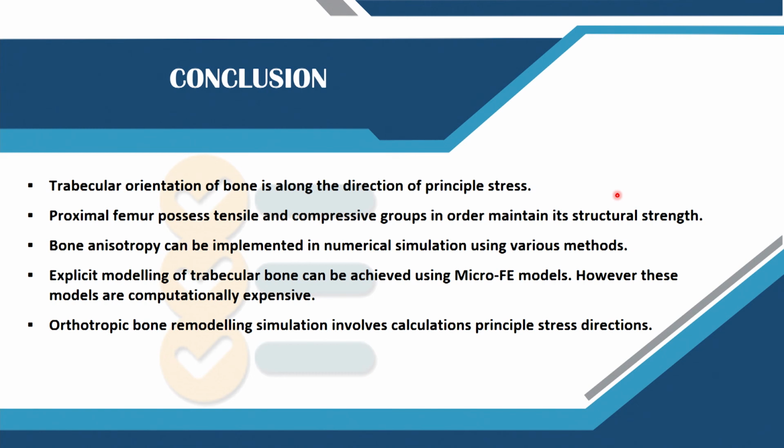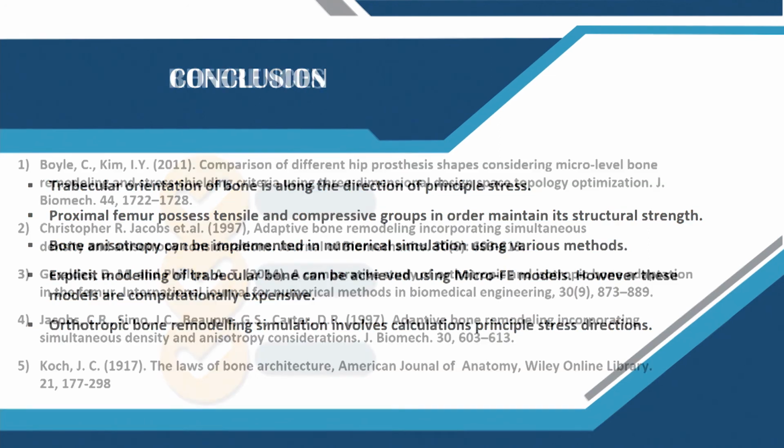Explicit modeling of trabecular bone can be achieved using micro-FE models. However, these models are computationally very expensive. Orthotropic bone remodeling simulation involves calculation of principal stress directions.